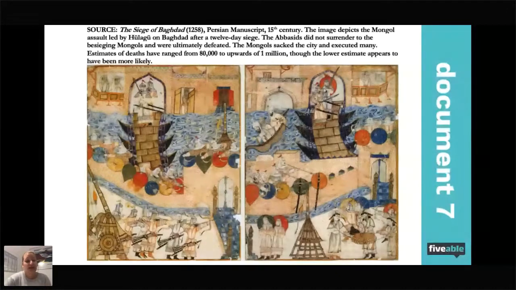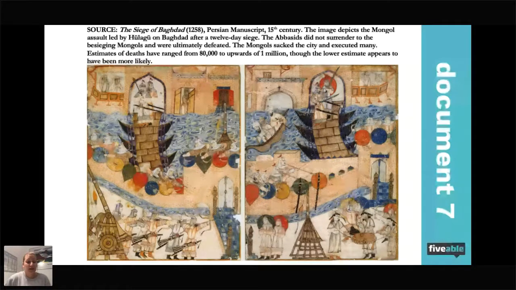Now, this one has a lot of similarities to our previous document because even though it's an illustration, it's explaining the sacking of another city. So we had the sacking of the city of Ryazan, people disemboweled and killed by the Mongols when they refused to surrender. Here we have it in a visual depiction of a different city, Baghdad.